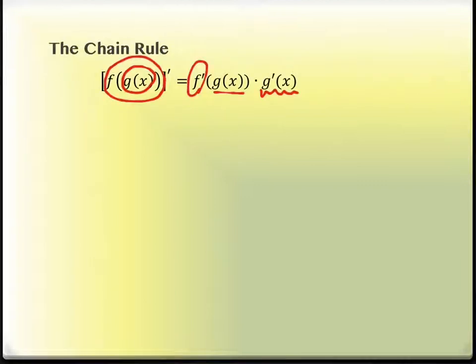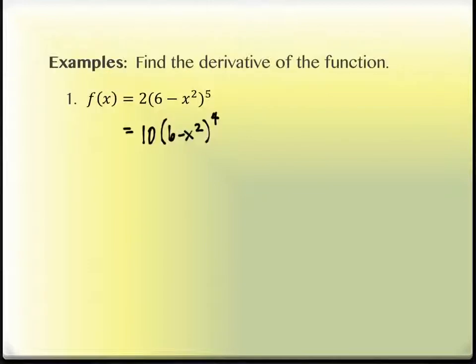The second part of our chain rule says that I'm now going to multiply by the derivative of what I'd highlighted previously in pink. So what is the derivative of 6 minus x squared? Negative 2x. That's exactly right.